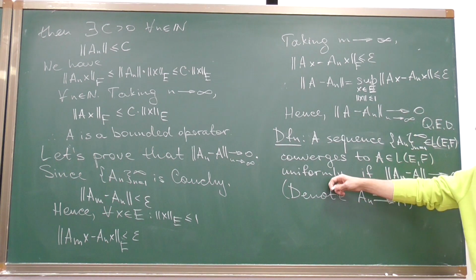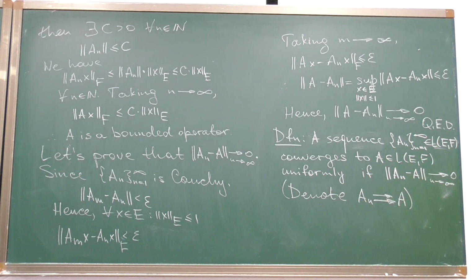Why do we use the word uniform? As an example, if we consider the space of continuous functions with the infinity norm, then the notion of uniformly convergent functions coincides with this definition. So this definition of uniform convergence generalizes the notion of uniform convergence of functions.